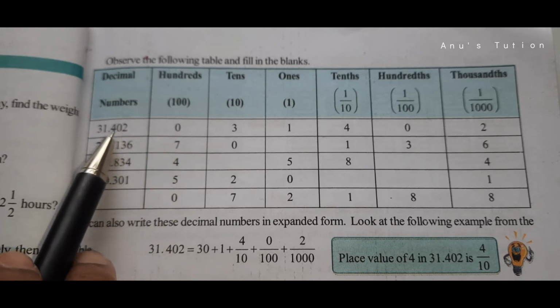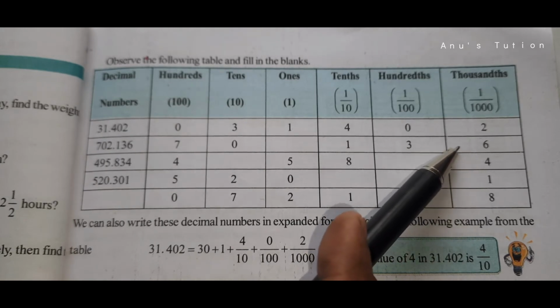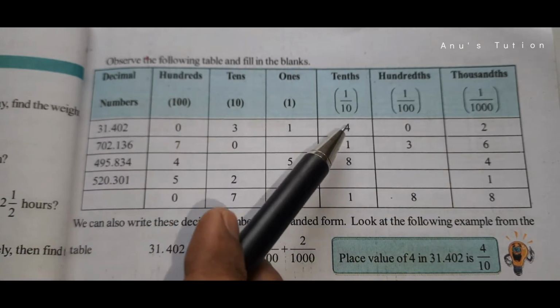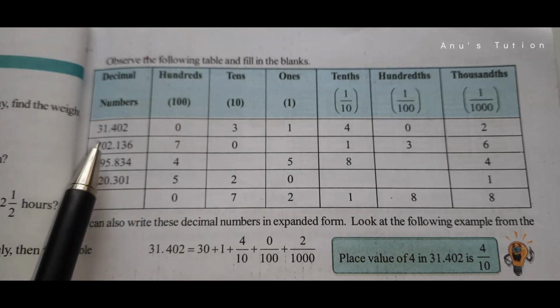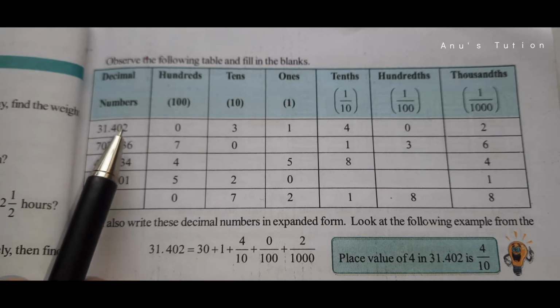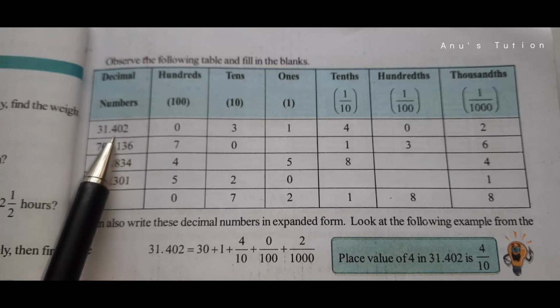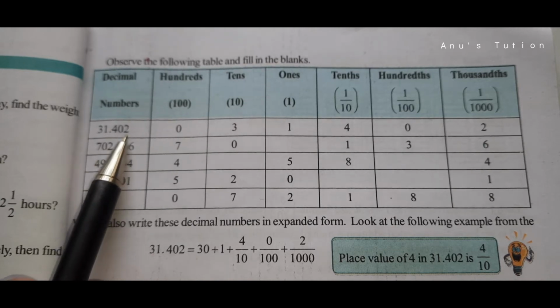There are 5 digits, and the chart has 6 places, so we get 0 in the hundreds place. Next, tens place 3, ones place 1. In decimals, 1 by 10 place is 4, 1 by 100 place is 0, and 1 by 1000 place is 2.